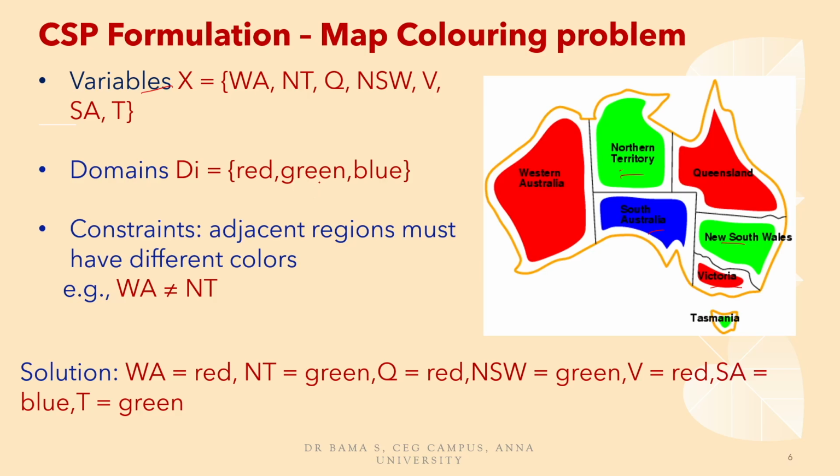The domains that are to be colored are red, green and blue, and through this we are giving the constraint such that adjacent regions should not have the same color. So, if we specify the constraints with respect to domains and variables, can we get a solution according to this? That is part of the CSP formulation.